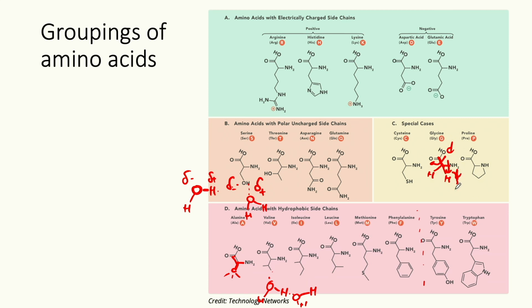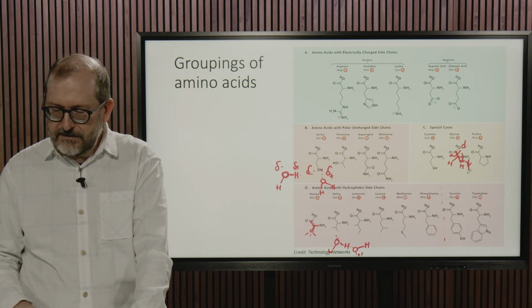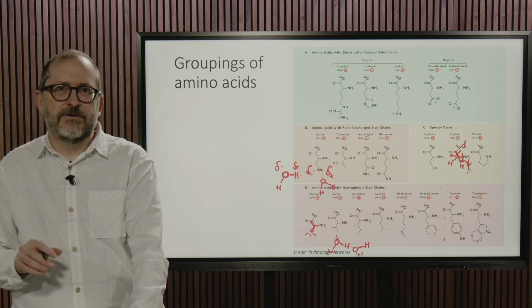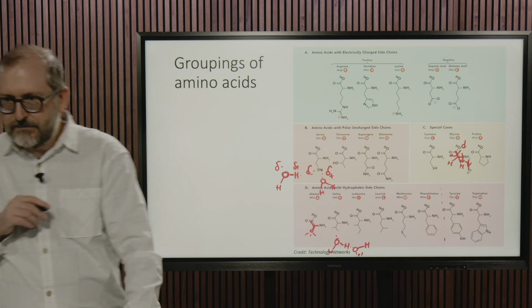The hindrance that the side chain would have presented is gone, and so its Ramachandran plot, which we'll get into later, basically says that it's allowed to take on a much wider range of values compared to other amino acids. So it's basically going to have its own Ramachandran plot. Again, we'll get into this later, but most of the amino acids follow the same Ramachandran plot. Glycine gets its own, and actually proline also gets its own.